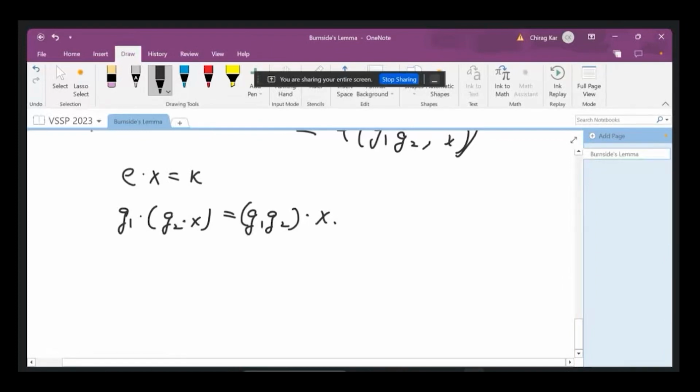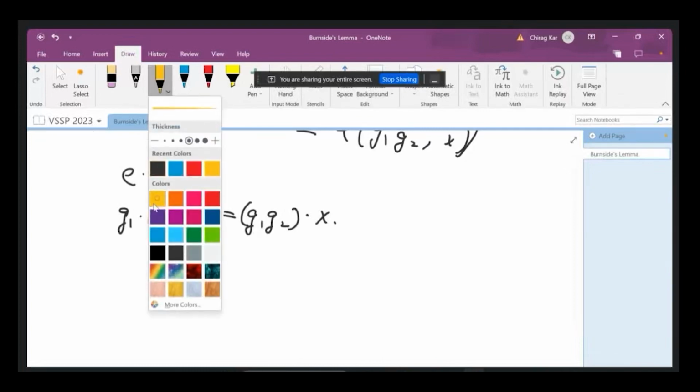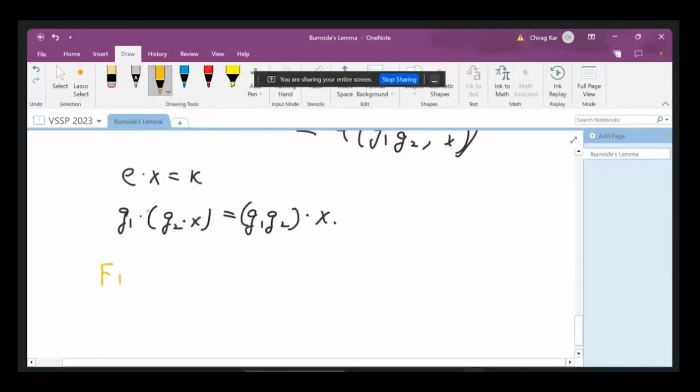But moving beyond that, let me define some other things which are really important. For a group action, one more thing that we look at is what we call the fix of G. So now for every G in G, we define the fix of G as the set of all x in X such that G dot x is equal to x.